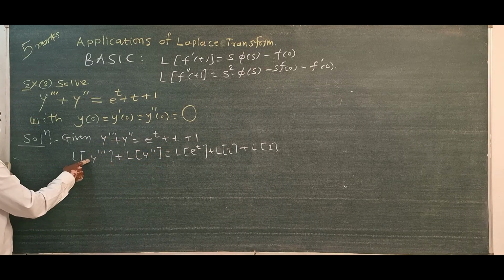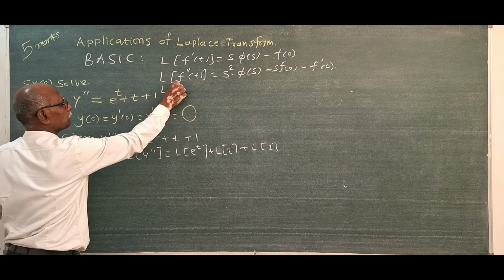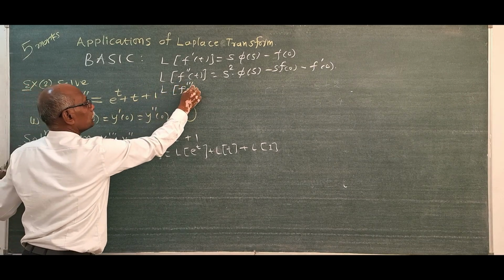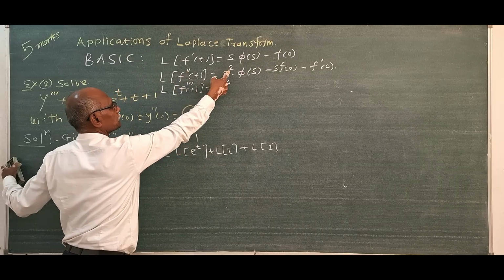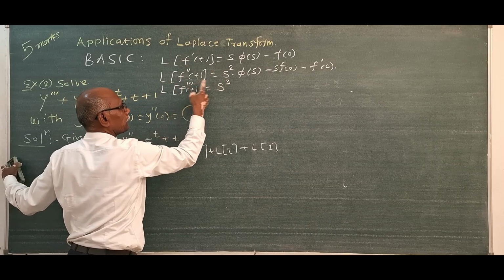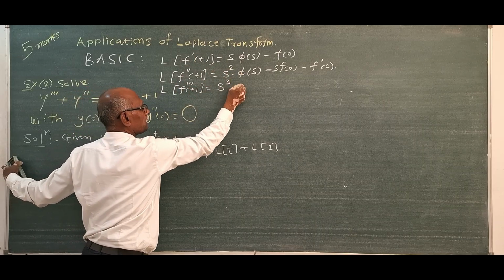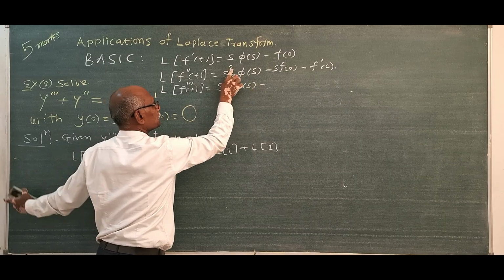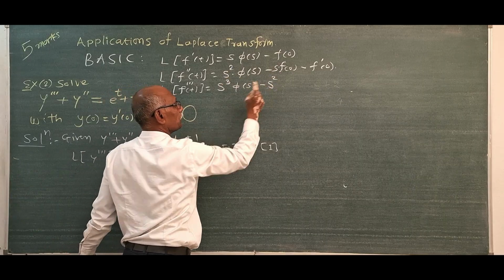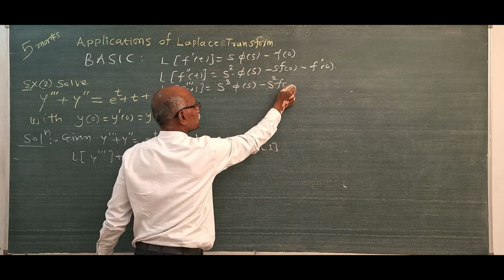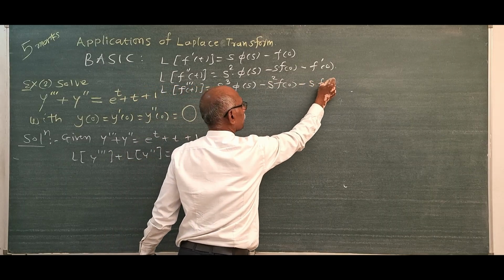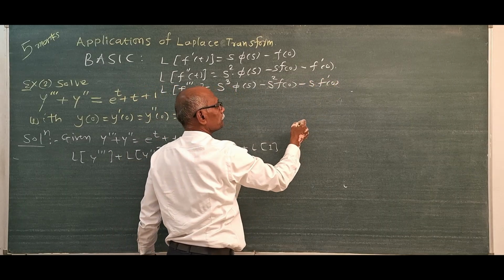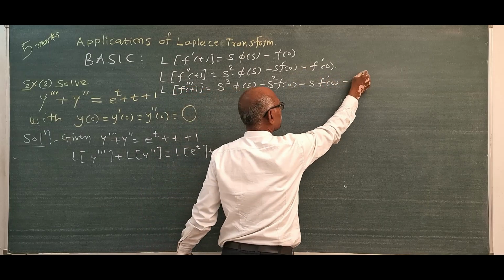So we get triple dash, now here double dash. So what is the formula for triple? That formula starts with s cube, because for double dash s square, single dash s, triple dash s cube. It is multiplied by L of y minus s square, one degree less, y of 0, then one degree less, y dash of 0, then minus y double dash of 0.